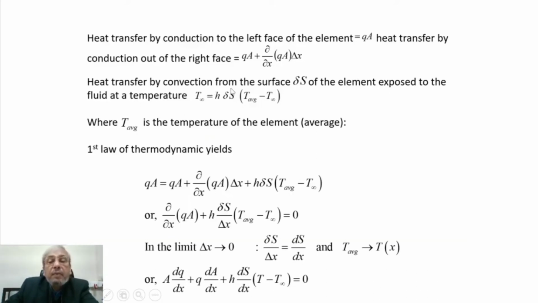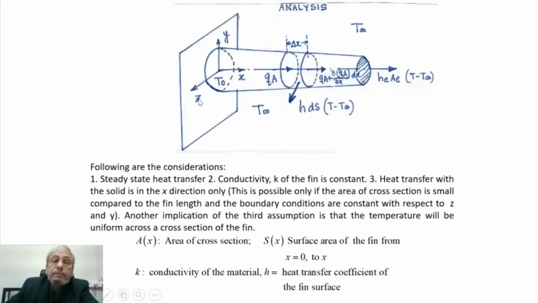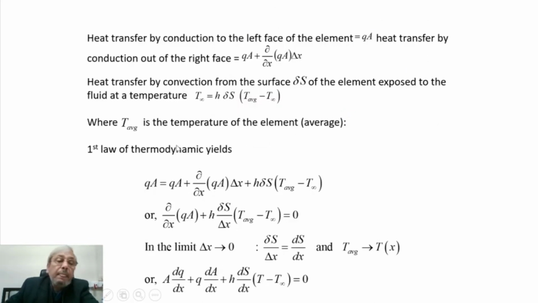Heat transfer by convection from the surface ds of the element exposed to the fluid at a temperature T infinity. So local fluid temperature is T infinity. That means h into ds, the surface area through which convective heat transfer will take place, into T minus T infinity.